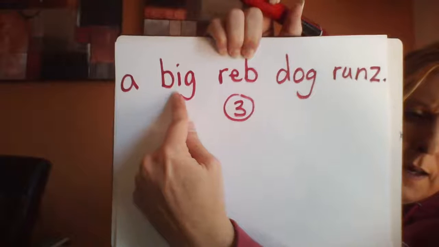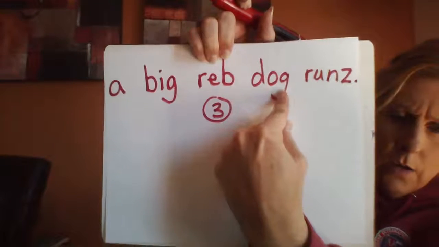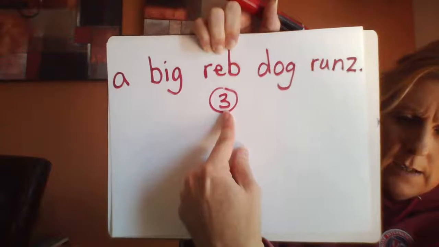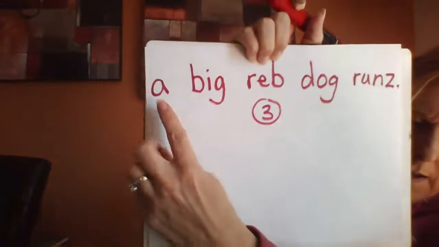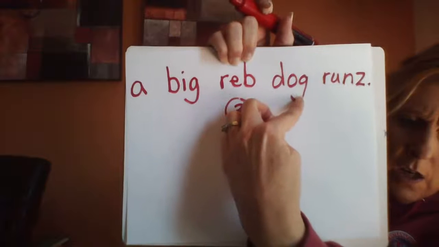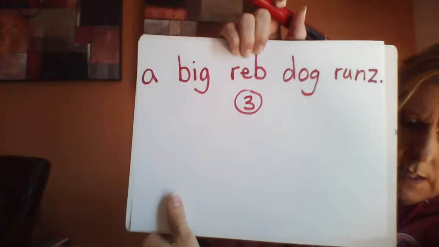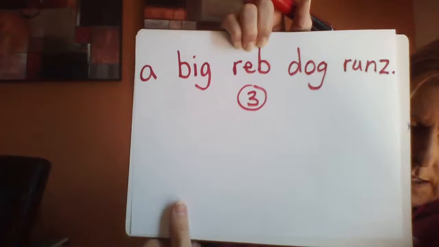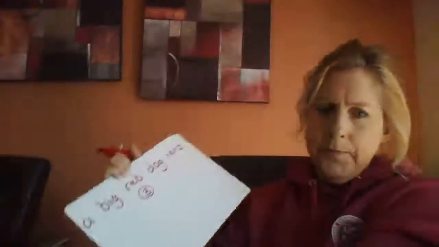A big red dog runs. 3 mistakes. Can you find them all? A big red dog runs. 3 mistakes. Go ahead and pause it and try and do the correct writing, fixing those 3 errors.